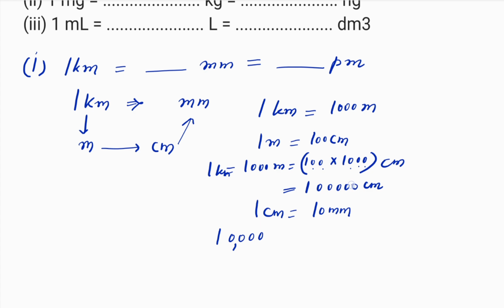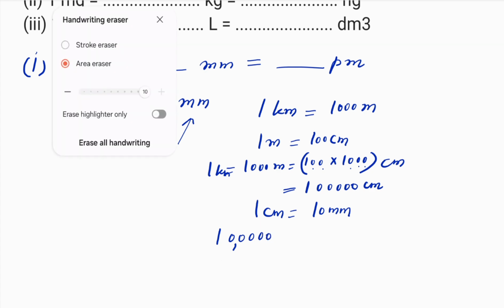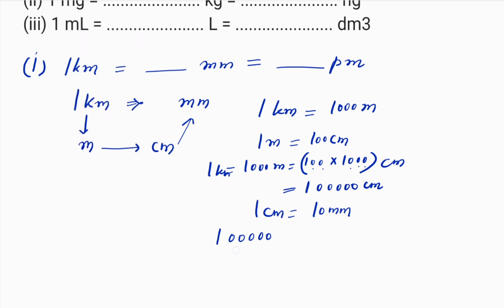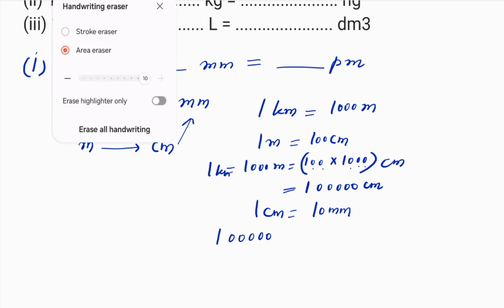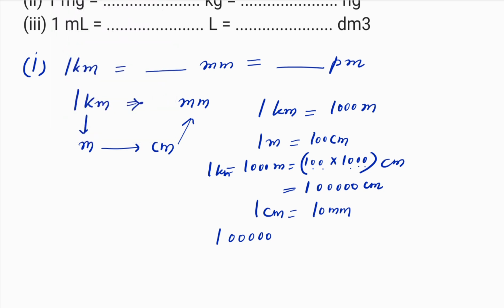There are going to be 5 zeros, so I made a little mistake over here. It is 1 lakh centimeter, with 5 zeros, multiplied by 10.